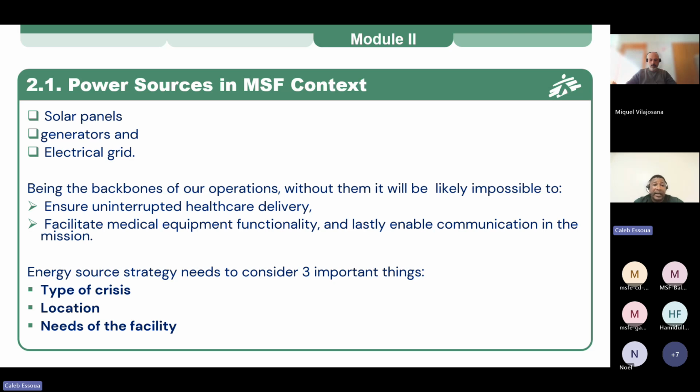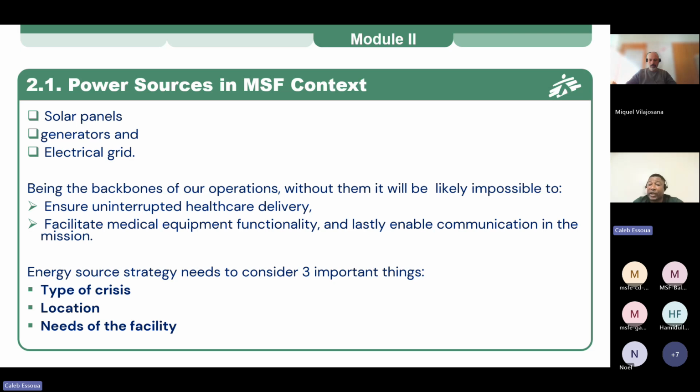Being the backbone of our operations, without this power source, it will be likely impossible to ensure uninterrupted healthcare delivery, facilitate medical equipment functionality, and lastly, enable communication in our mission.